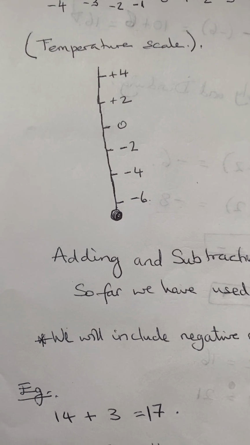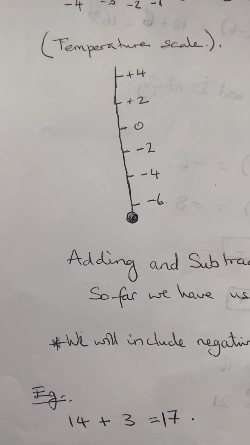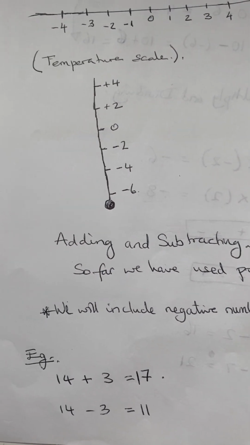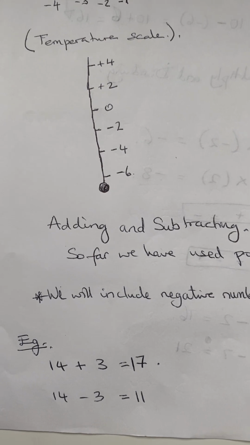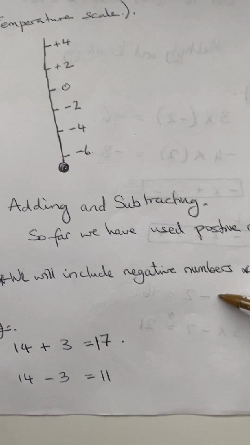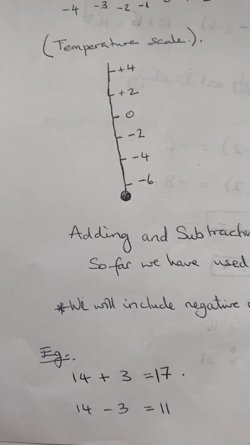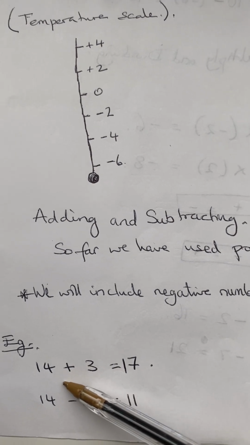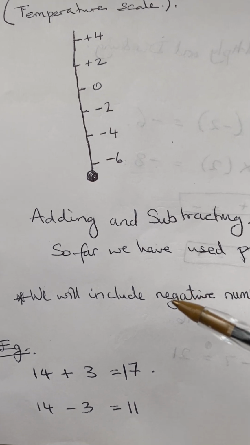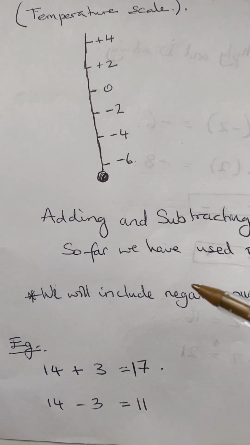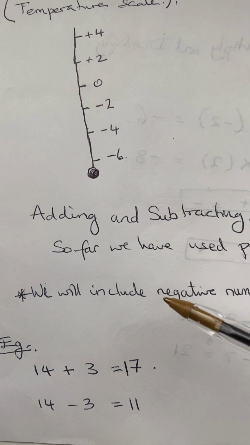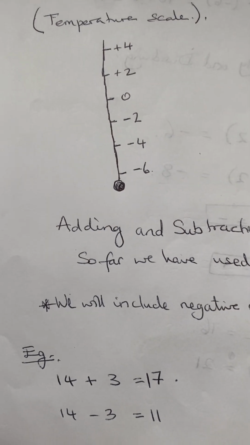Adding and subtracting. So far we've been using positive numbers, but I want to introduce you to negative numbers, because along the line I'll be talking about those too. So, straightforward: 14 add 3 is 17. 20 add 5 is 25. 10 add 16 is 26.